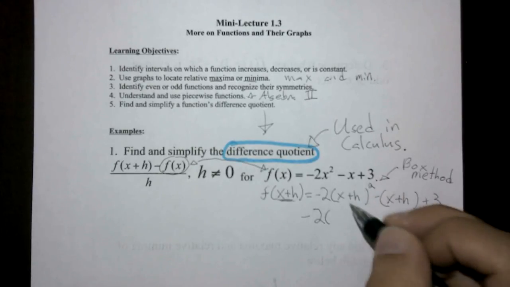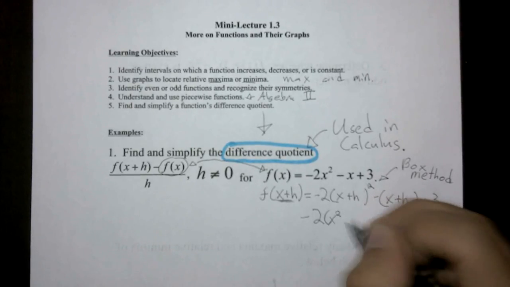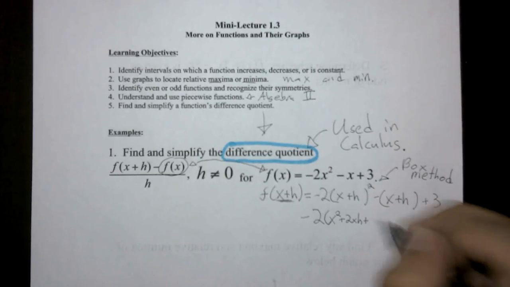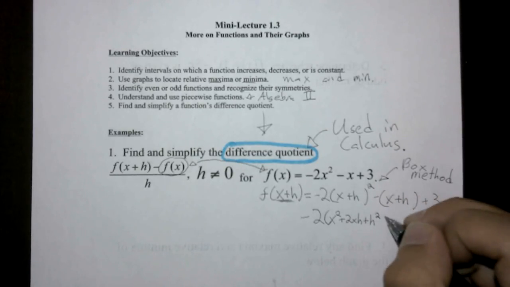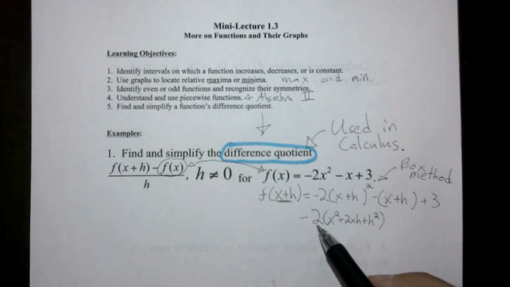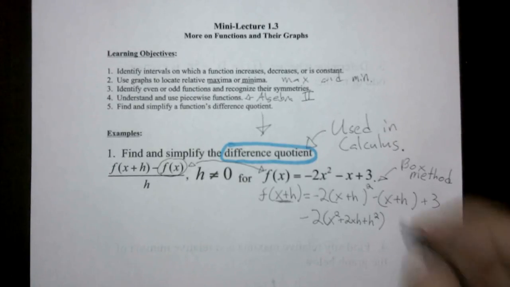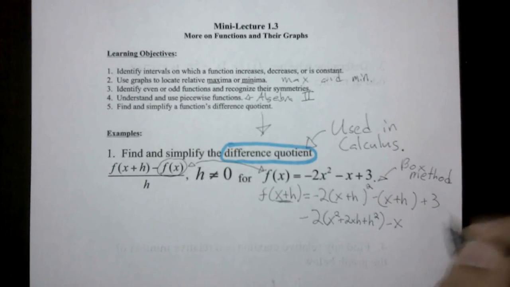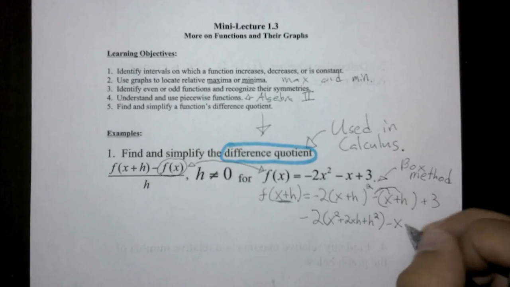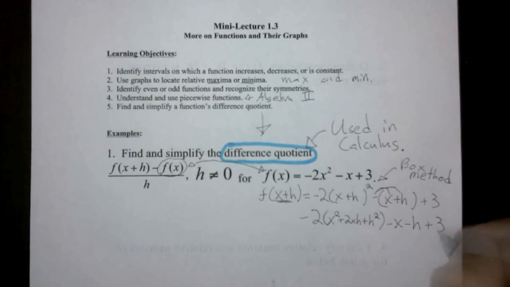When this binomial x plus h is squared, we end up with x squared plus 2xh plus h squared. Keeping this all in parentheses because we have that negative 2 towards the front. If we're then subtracting x plus h, I'll distribute that. So subtracting x, continuing to subtract h because we're distributing that, then finally adding 3.